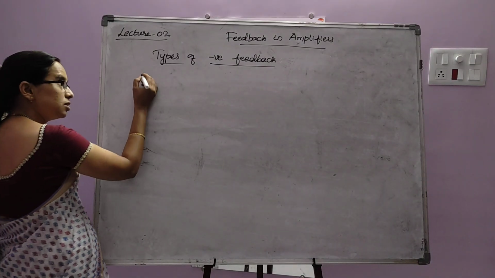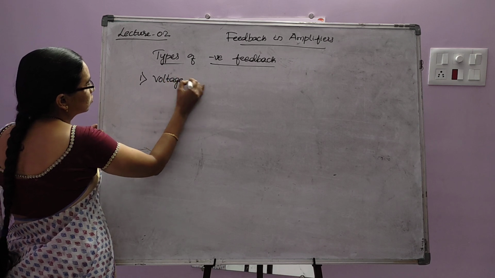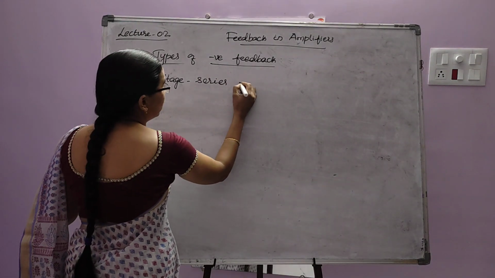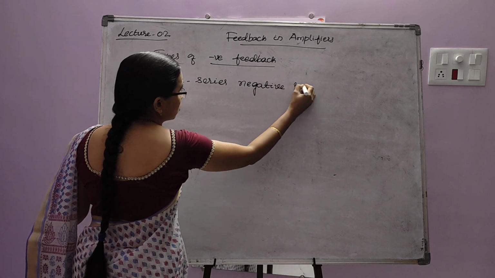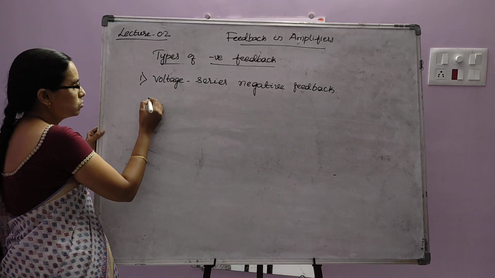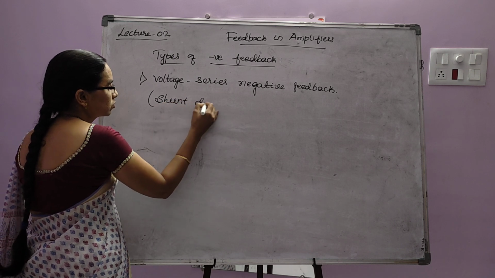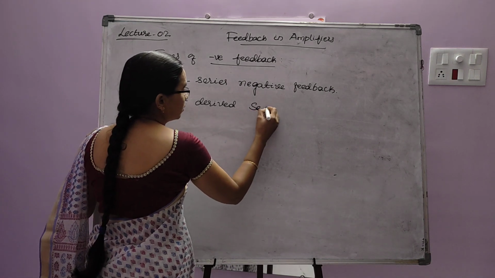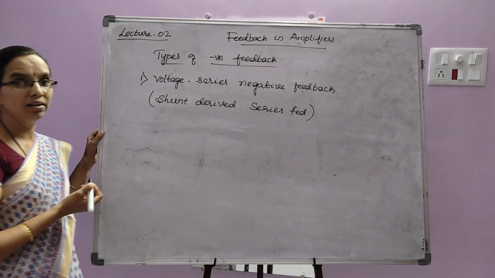So the first one is voltage series negative feedback. This can also be called shunt derived series fed feedback.